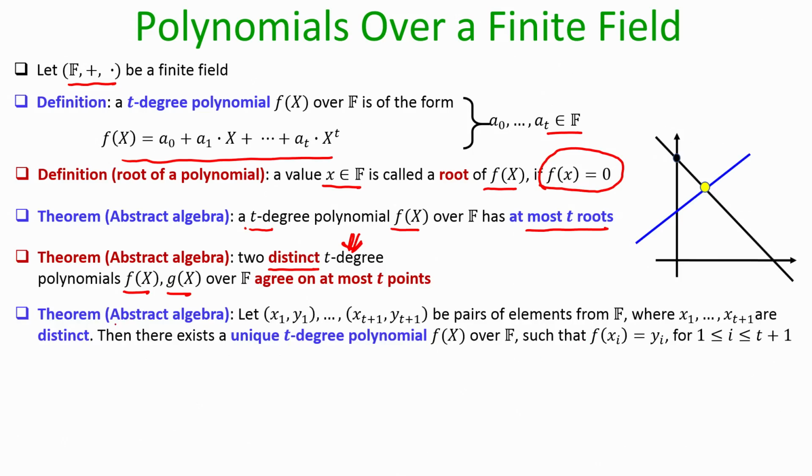Now, another interesting result from abstract algebra is the following: if I give you t plus 1 number of x y values, where the x components are distinct, then you can always find a unique t degree polynomial over the field such that these x comma y values constitute distinct points on that f polynomial.